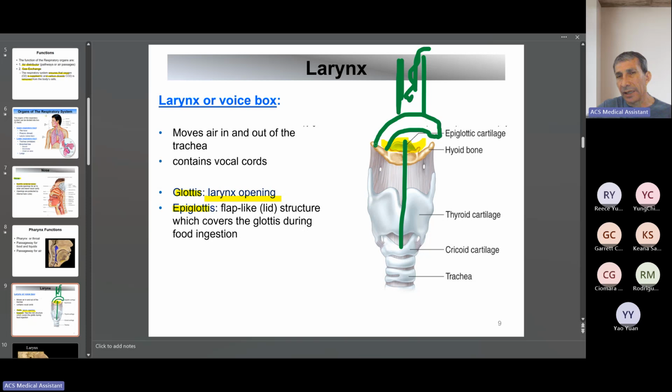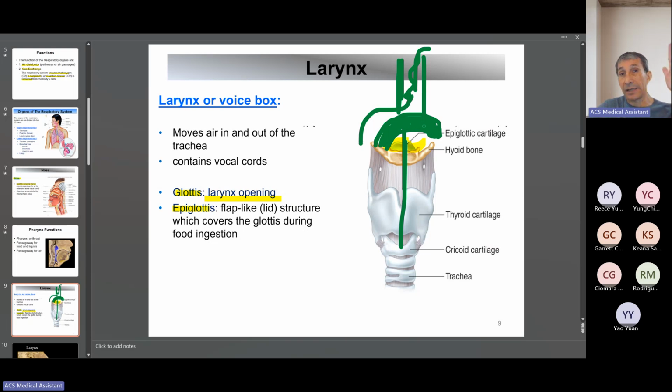So this lid of the glottis, the epiglottis, closes and doesn't allow food to enter the respiratory tract. So the food will be diverted right here to the esophagus. That's what it is. So it is very important, this epiglottis right here.